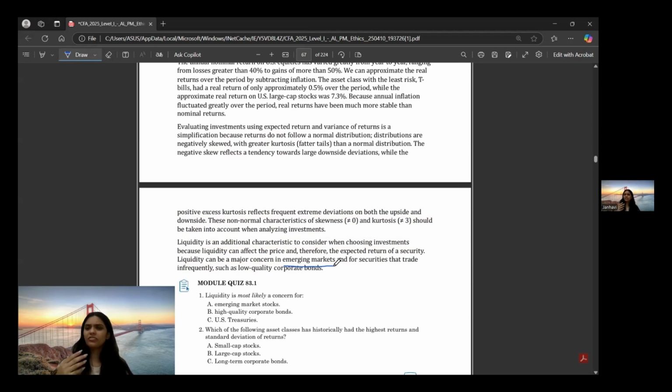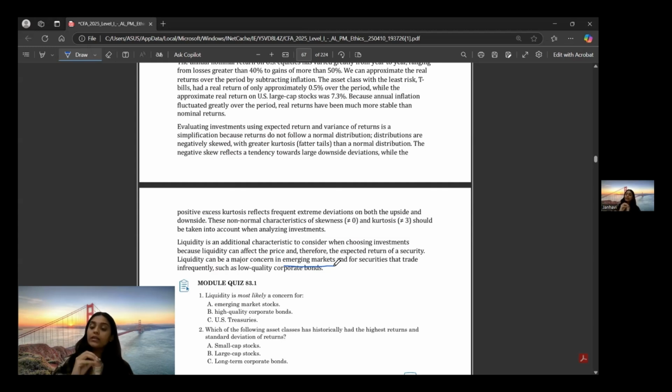For example, if there is a very backward country and there is a new stock market emerging in that country, liquidity is a very major concern because there will be many investors who might want to invest in it, but if the country doesn't go well, because it is at a developing stage or below that, if bad things happen, then there will be no buyer at a later point when you want to sell the shares that you have bought in that stock market.